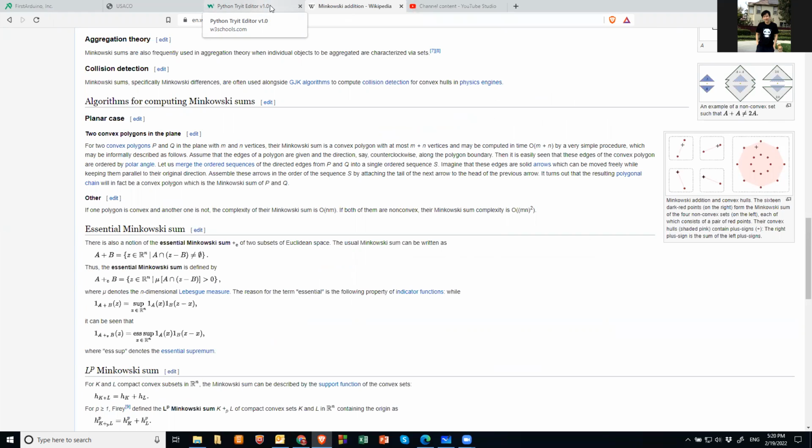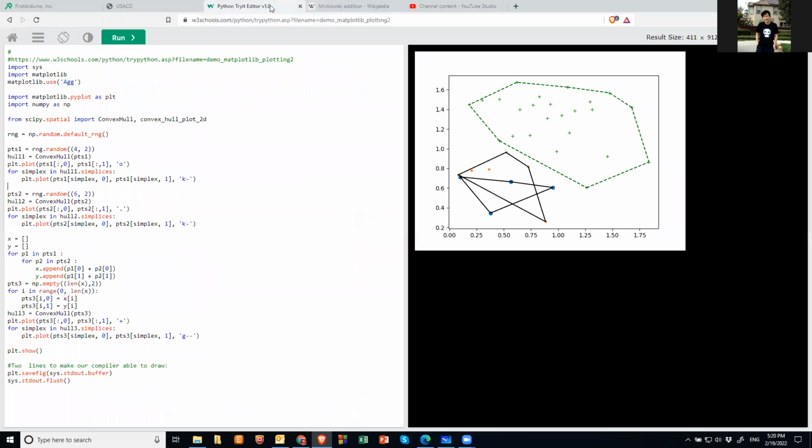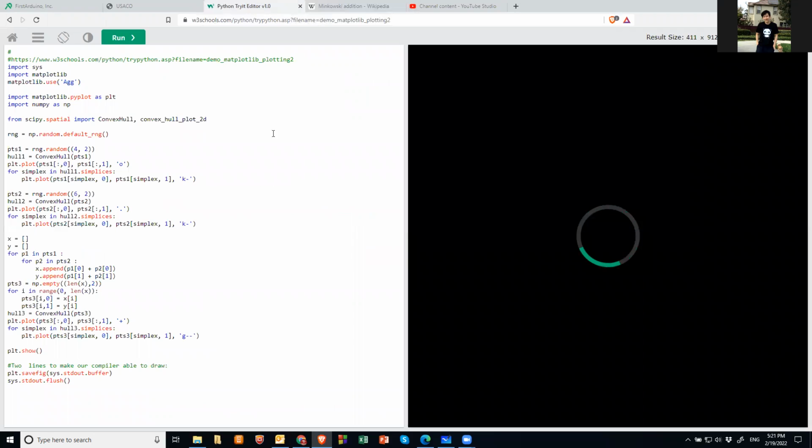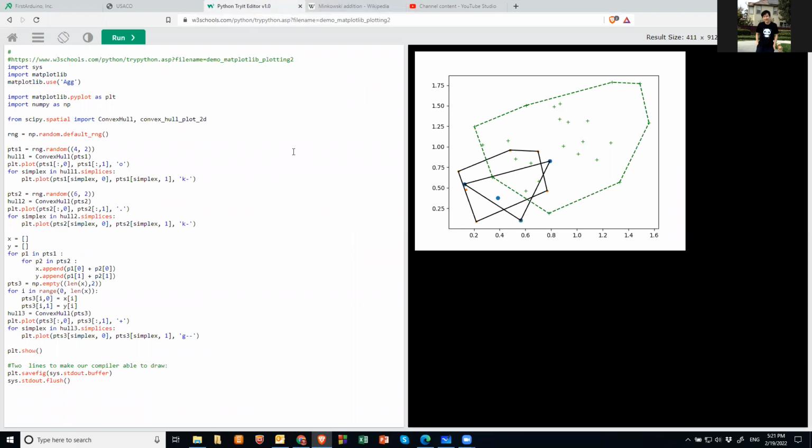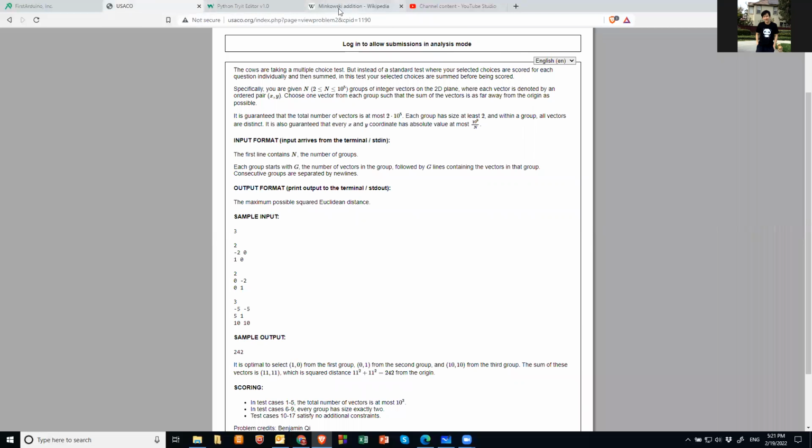Maybe intuitively, if you make plots, if you try a bunch of plots like I was doing here, you probably could make a guess and then figure that out. Otherwise, good luck. So again, if you know the Minkowski addition, that is a relatively easy problem. It's just a standard convex hull, nothing fancy about it.